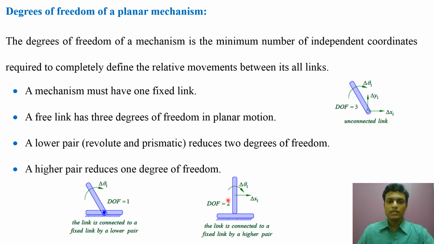So the link can now slide along the fixed link and it can also rotate about this higher pair. So two independent coordinates are required to specify the motion of the rigid link. So the degrees of freedom now becomes 2. So degrees of freedom is reduced from 3 to 2. So the higher pair reduces 1 degree of freedom.